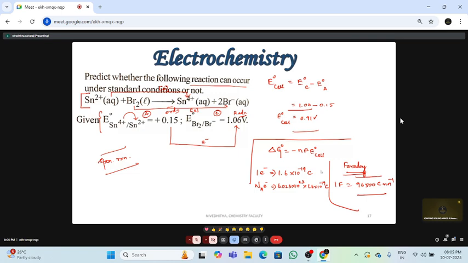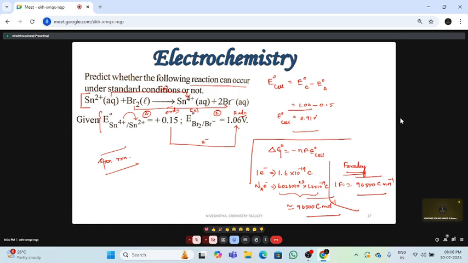If you multiply these two values, the value will be approximately 96,500, and the unit is charge. The unit of charge is coulomb, and it is the charge of 1 mole of electrons, right? So it is coulomb per mole.